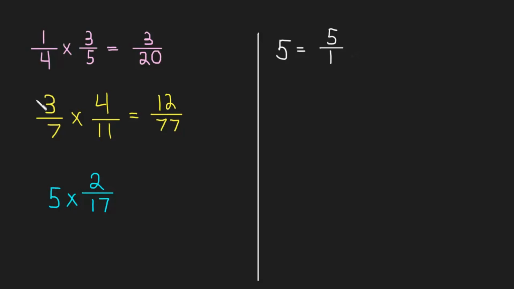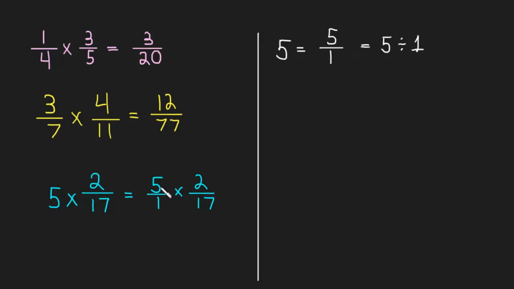One other way to look at this, in case you're still curious, is this is the same thing as 5 divided by 1, which you should know is simply 5. Okay, so you got that. So coming down here, if we wanted to, we could rewrite this as 5 over 1 times 2 over 17.